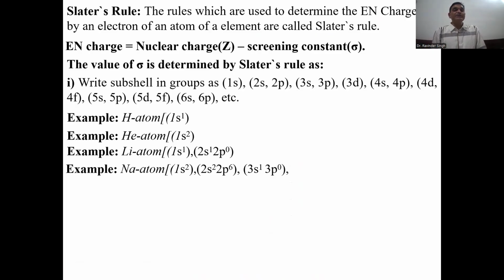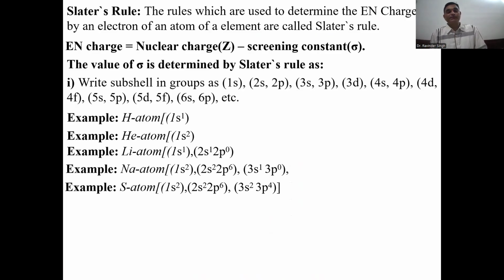Next, sodium. For sodium, the configuration is 1s2, 2s2, 2p6, 3s1. In the first shell, there is only 1s, so the first group. In the second shell, there is 2s and 2p, that's the next group. In the third shell, there is only 3s1, there is no electron in 3p, so that's the next group. Next, sulfur, atomic number 16. Configuration is 1s2, 2s2, 2p6, 3s2, 3p4. In the first shell, there is only 1s, so one group.